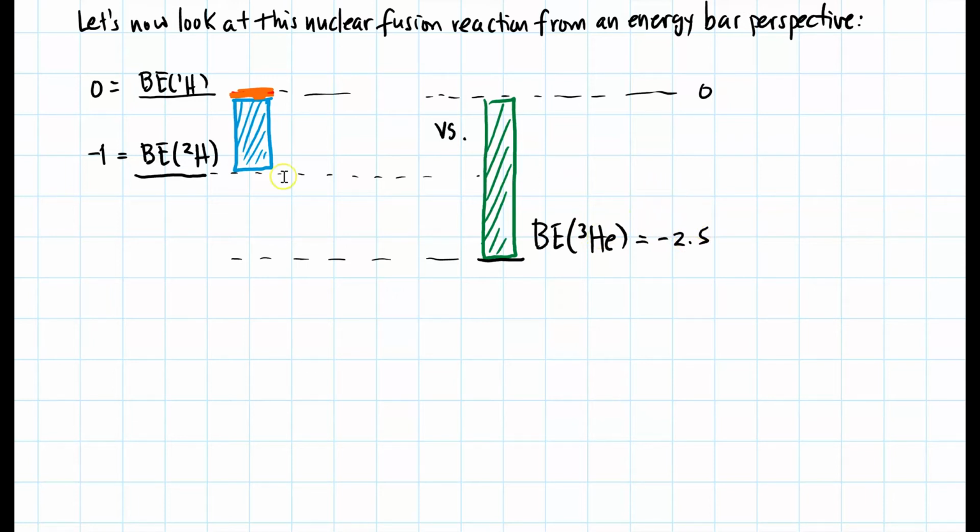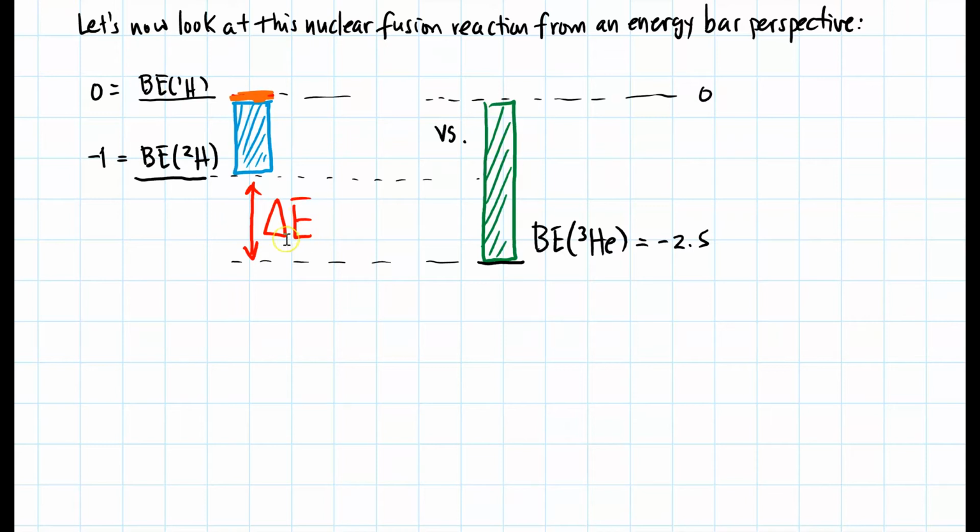So if I look at the bar diagram, for the binding energy of deuterium, it goes down -1. For the binding energy of helium-3, it goes down -2.5. So there's an energy difference between these two systems versus that one. I'll label this energy difference as delta E. Once again, the energy difference between hydrogen plus hydrogen-2 versus helium-3 is this delta E.